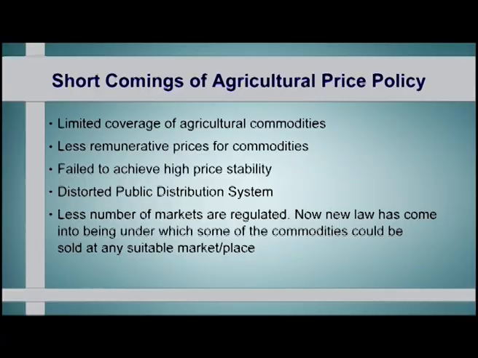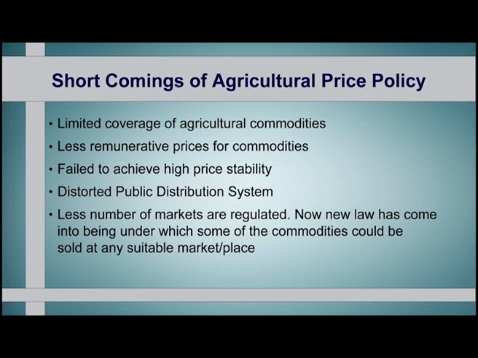Then the shortcomings of the agriculture price policy. Only limited agriculture commodities have been covered under this. Less remunerative prices for all commodities except for rice. It is understood that the agriculture policy has not been successful for many other commodities except for rice. Nevertheless, this is important in the current situation of the economy.